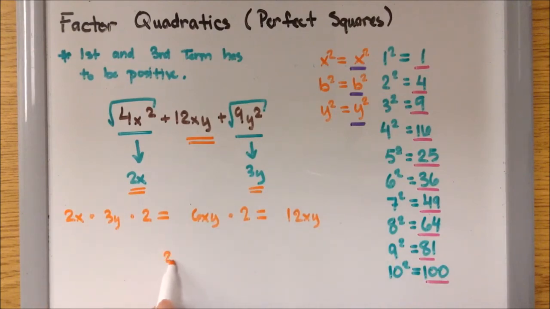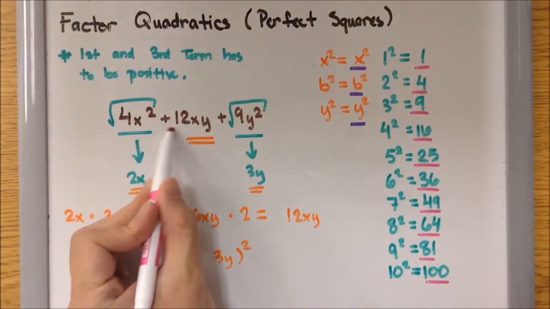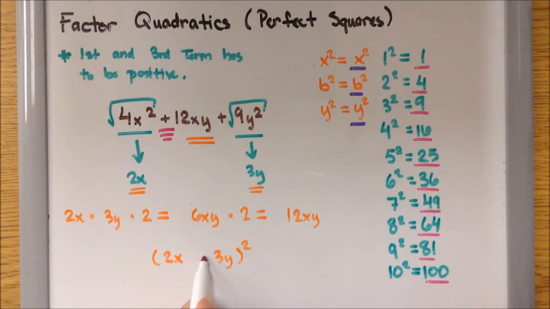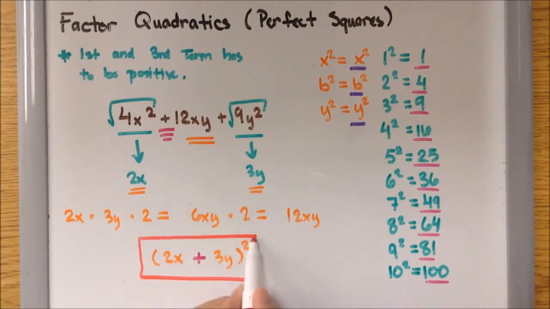So here is the first term, here is the third term, in parentheses and squared. What's in front of the middle term, plus, will be in the middle of the final answer. And then I'm going to box it up. So our final answer is (2x plus 3y) squared.